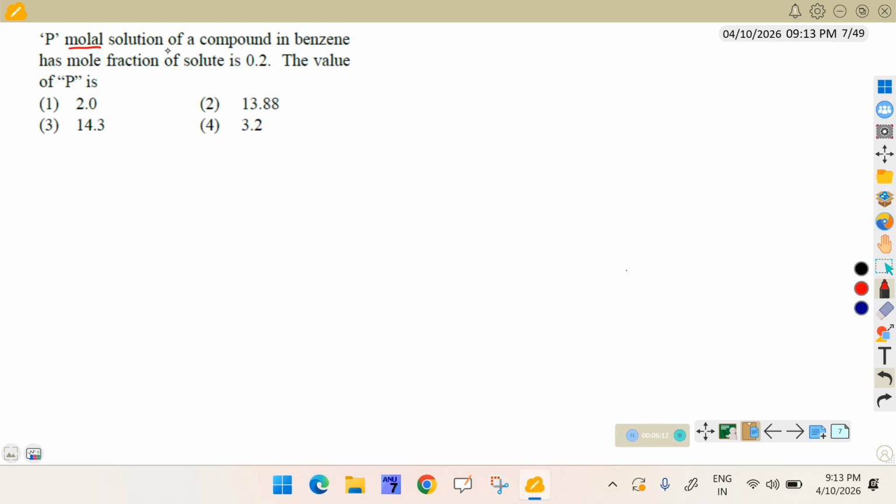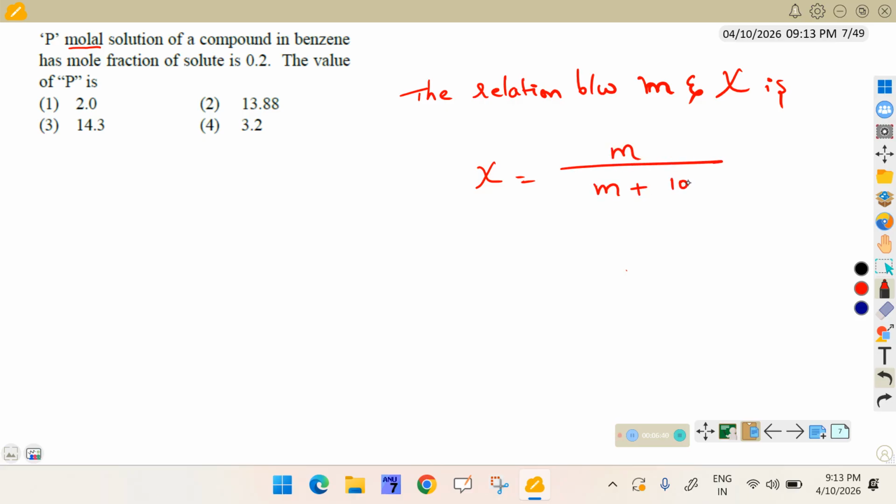P molal solution of a compound in benzene has mole fraction of solute 0.2. The value of P is? The relation between molality and mole fraction is mole fraction equals molality by molality plus 1000 by molecular weight of solvent.